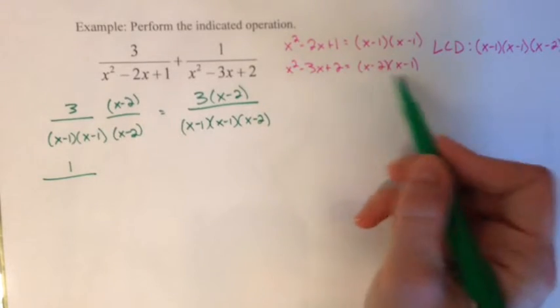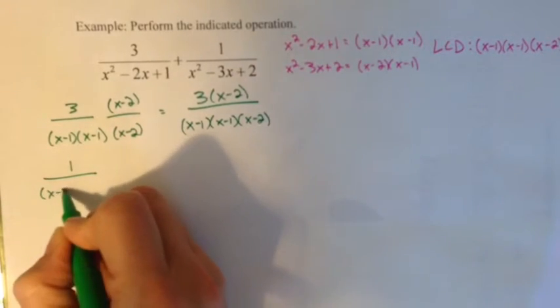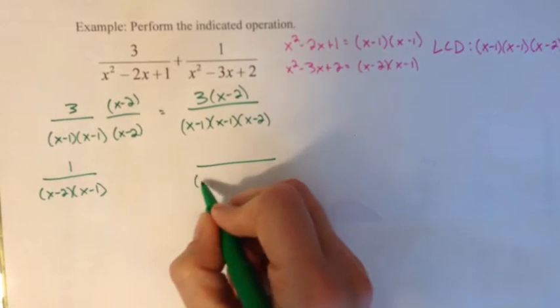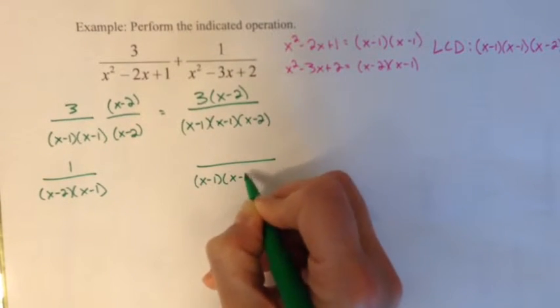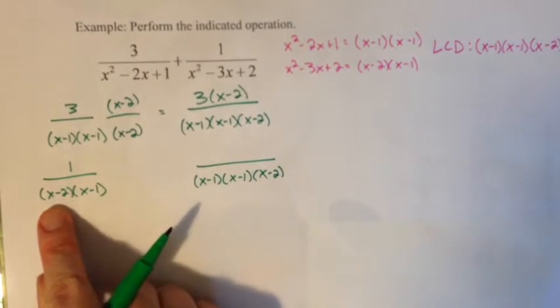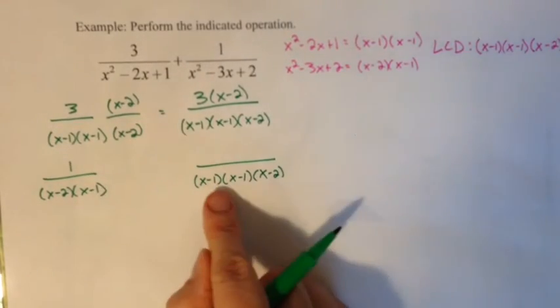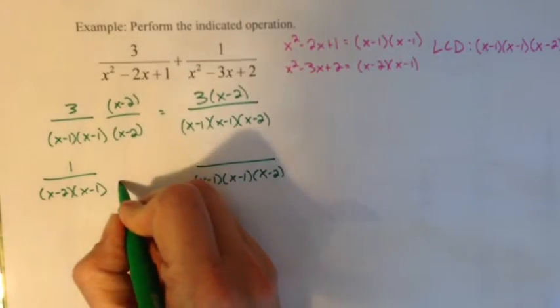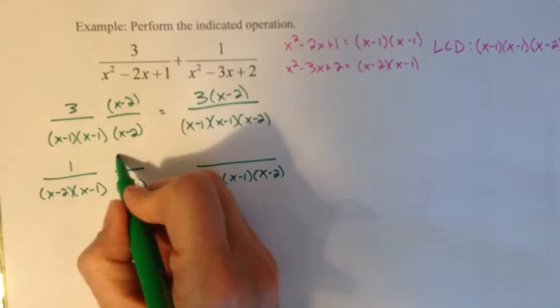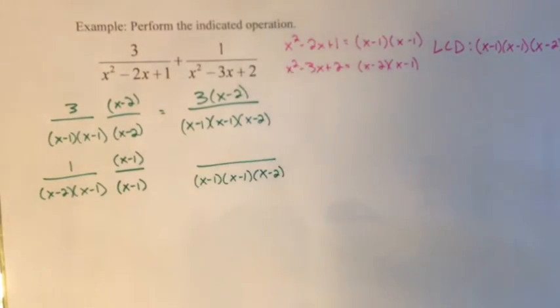Now we'll go ahead and work out my second fraction. I already factored the denominator, finding it to be x minus 2, x minus 1. My goal denominator is x minus 1, x minus 1, x minus 2. This has an x minus 2 and a single x minus 1, but it needs another x minus 1. So I'll multiply the bottom by x minus 1. Whatever I do to the bottom, I must also do to the top to keep things balanced.